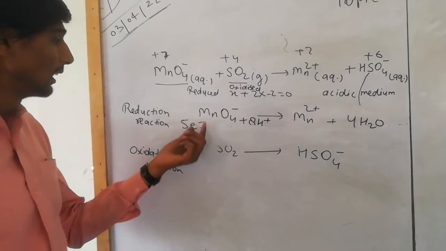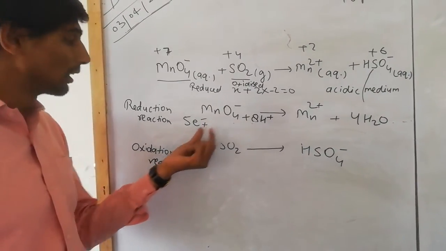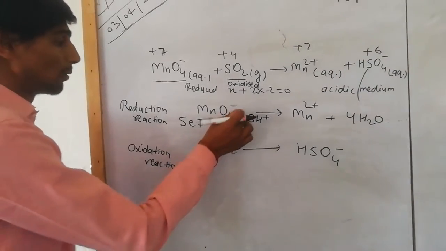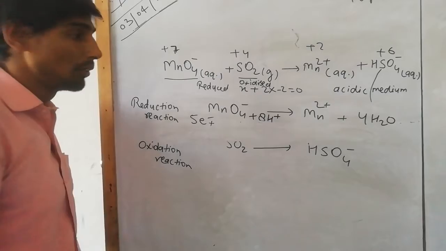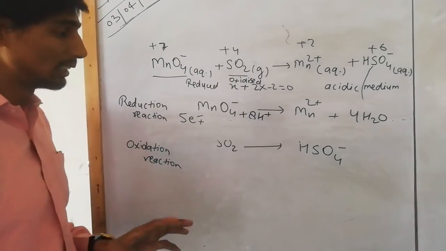In a reduction reaction the substance gains electrons, that is why MnO4 minus gains 5 electrons and then changes into Mn2 plus. So this reaction is balanced with charge.